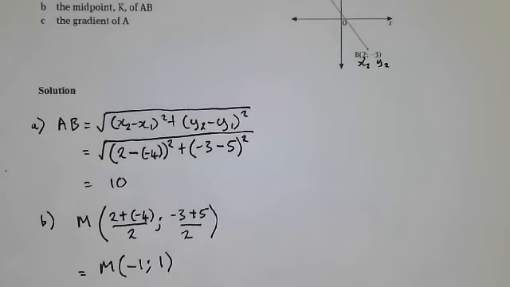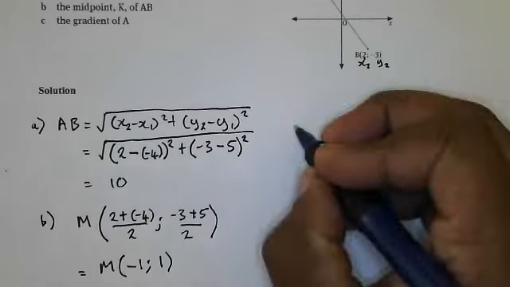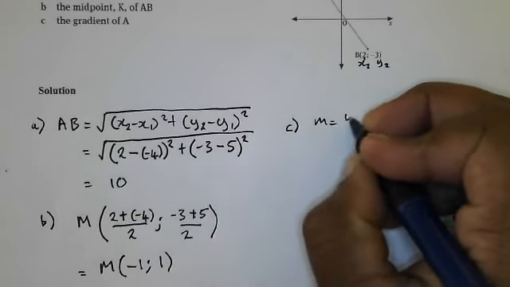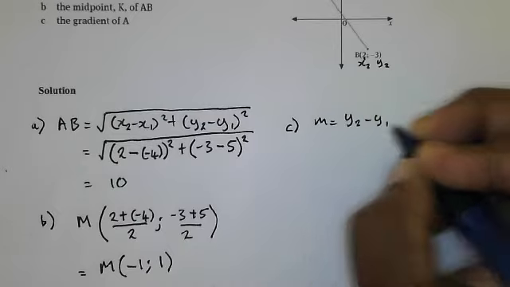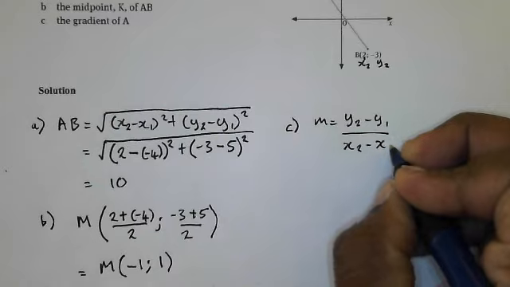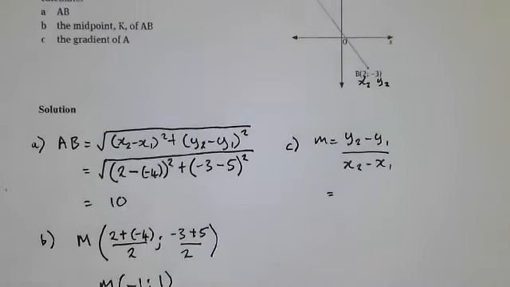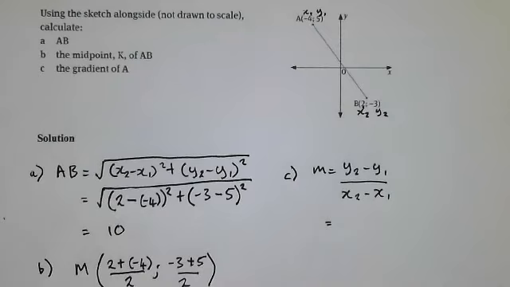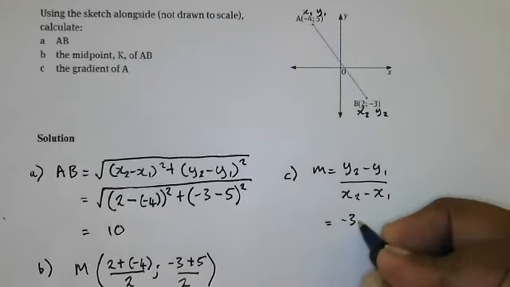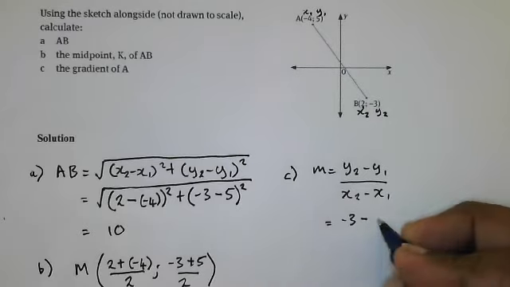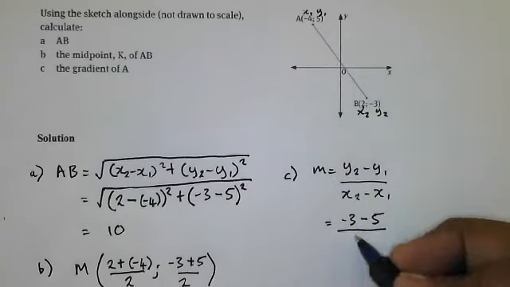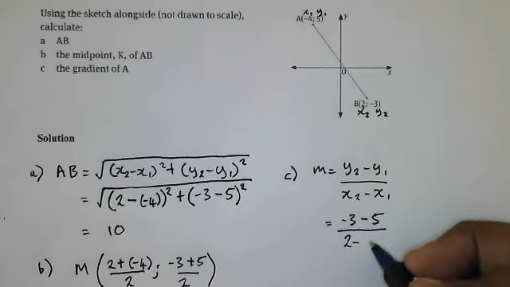Well, yeah, we need to find the gradients. Okay. So we know the formula for the gradient, right? The change in y, so y2 minus y1, over the change in x, which is x2 minus x1. Okay. Let's see from our diagram. y2 is this one, negative 3, right? So you're going to say negative 3 minus y1, which is 5, over x2 is 2, minus x1 is negative 4.